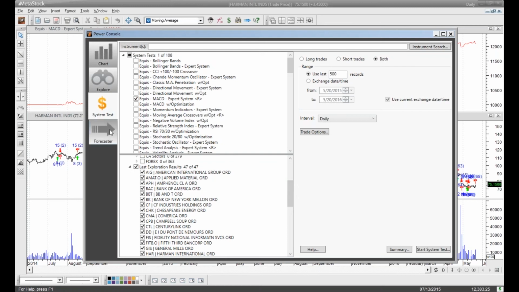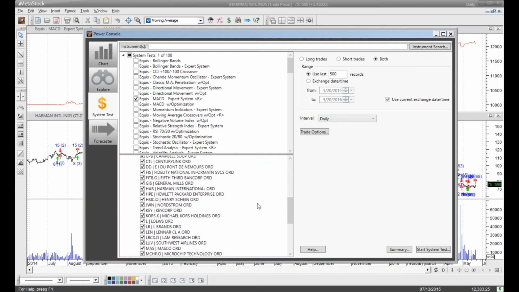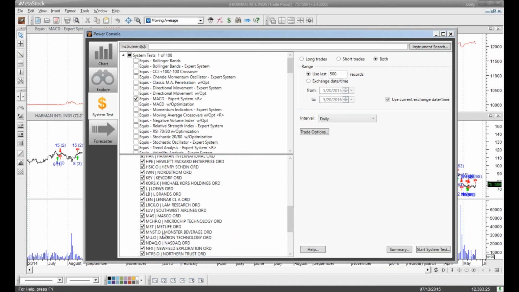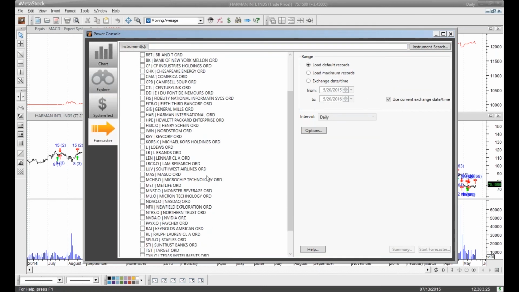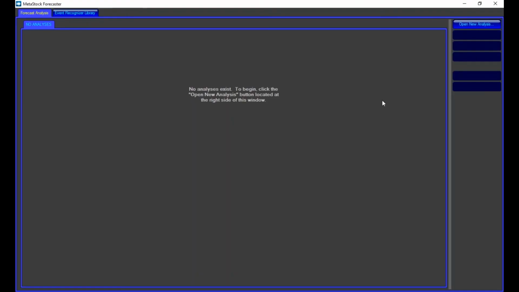Now, looking at the forecaster tool, let's take a look at, okay, it was Harman International. So we're going to go down here, we're going to find, did I pass it? I did. Let's take a look at Harman. So the forecaster tool, let me go ahead and start it.